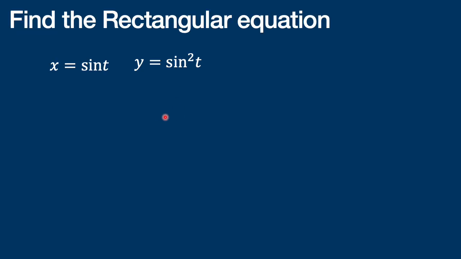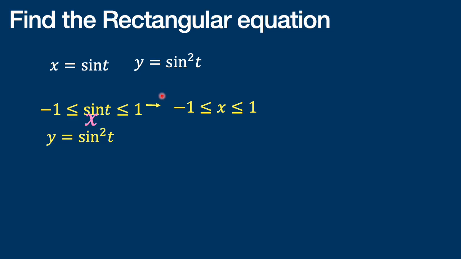Now let's find the rectangular equation for this parametric equation. You see, x equals sine t, but sine t is bounded. The minimum is -1 and the maximum is 1, so x is going to be between -1 and 1. y equals sine squared t.